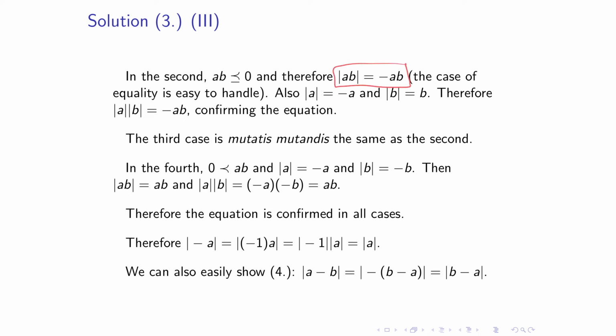Now absolute A, under these assumptions, would be negative A, and absolute B would just be regular B. So if we compute this piece by piece, we get negative AB.